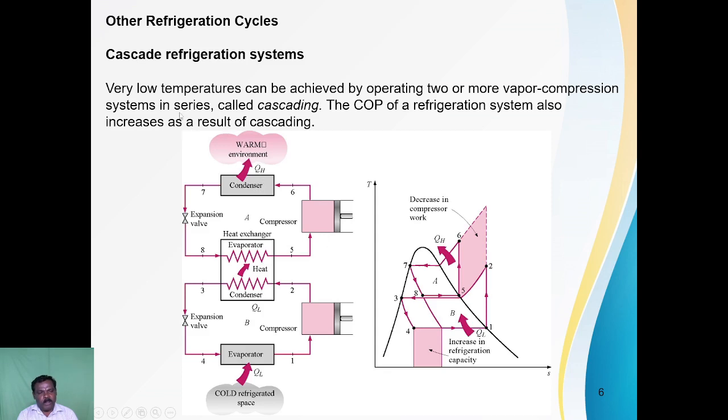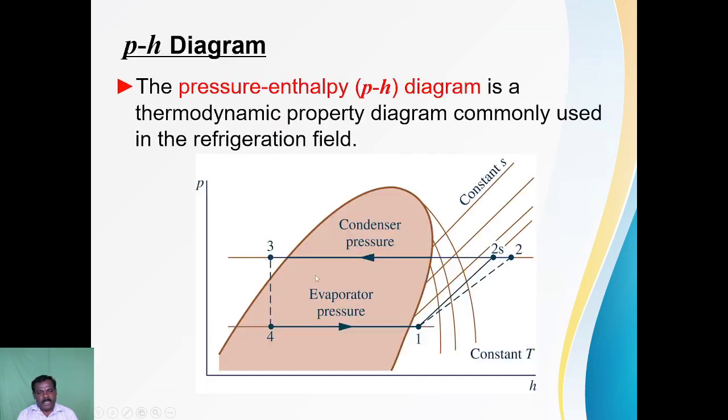So if you want very low temperature, a cascade system will be used. This is called the cascade refrigeration system, and this is its pH diagram.